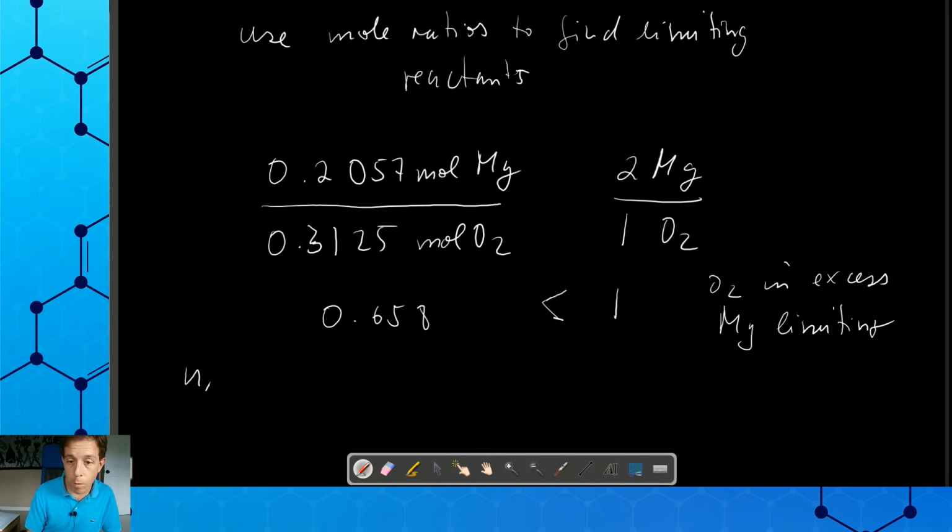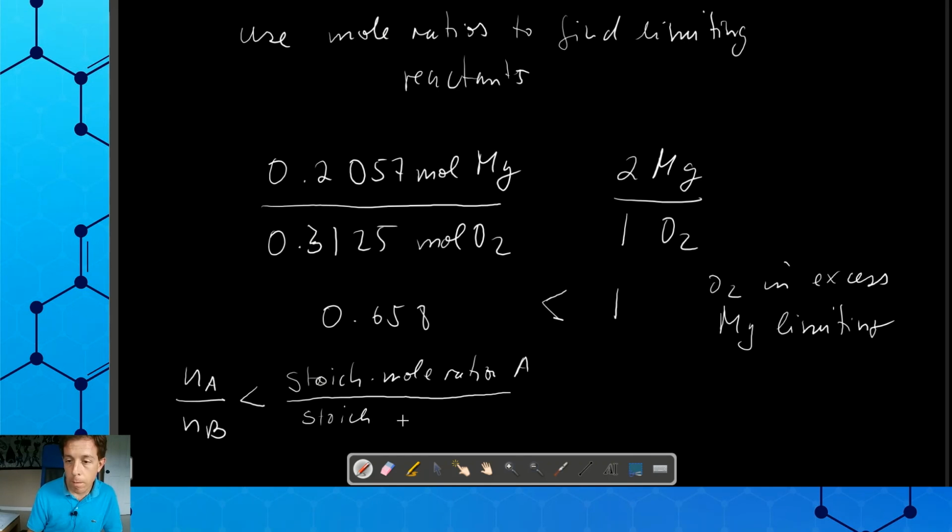You can look at the number of moles of A over the number of moles of B, and if this is smaller than the stoichiometric mole ratio of A over the ratio of B, of compound B, then you know that B is in excess and A is the limiting reagent.